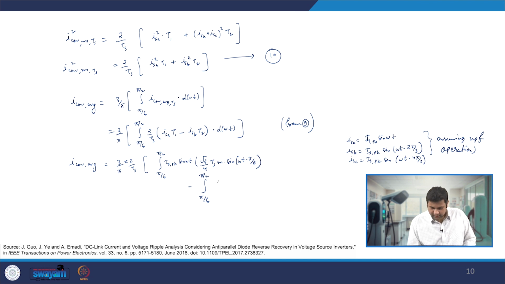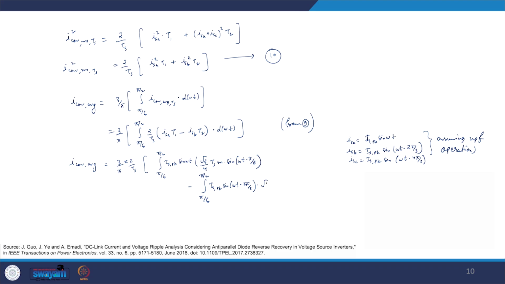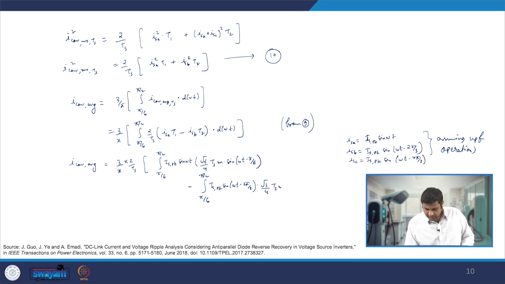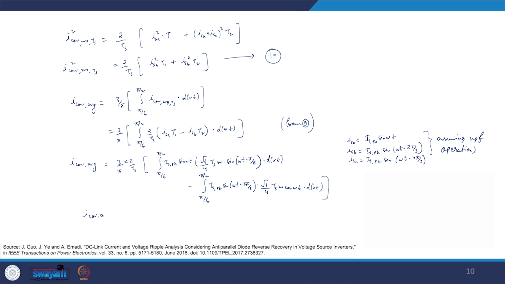Again here it is I_SB, which is Is peak sin of omega t minus 2 pi by 3, times root 3 by 4 Ts m cos omega t, with d omega t here. When you solve this particular thing, we will get I converter average to be equal to 3 by 4 Is peak M value.